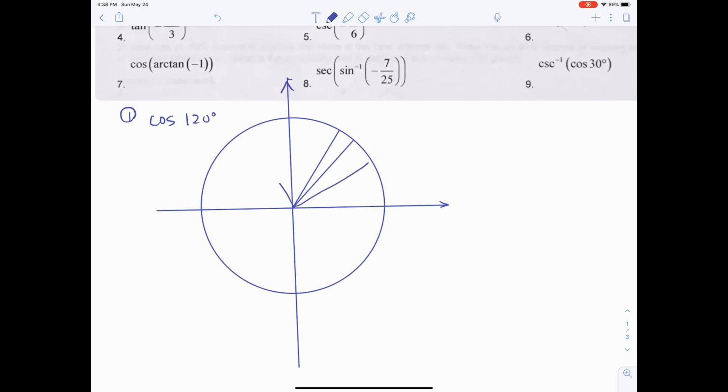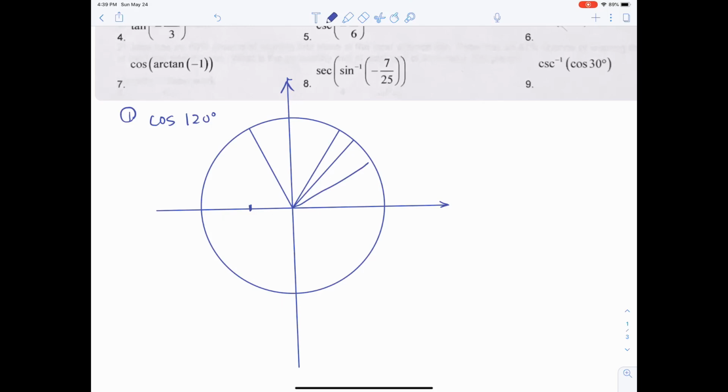And 120 degrees. Cosine 120 degrees. Cosine is the x value. Here is the x value, and the whole length is 1.